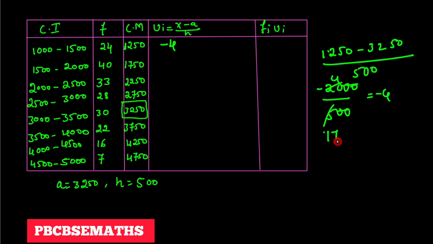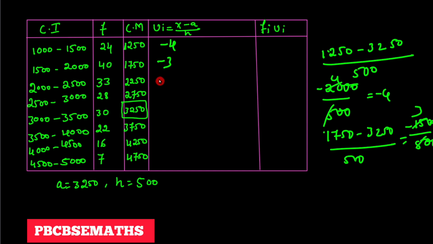So we get here 1750 minus 3250 divided by 500, which means here we get minus 1500 by 500, which gives us minus 3. So here we got minus 3. Here we are going to have minus 2. Here minus 1. Here 0. In the same way, here we are going to get 1, 2 and 3.